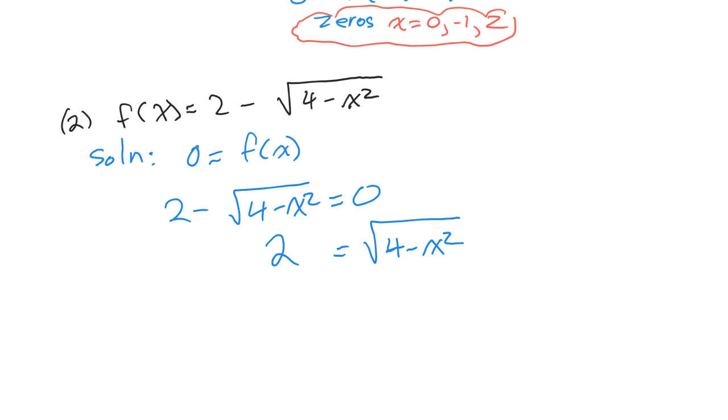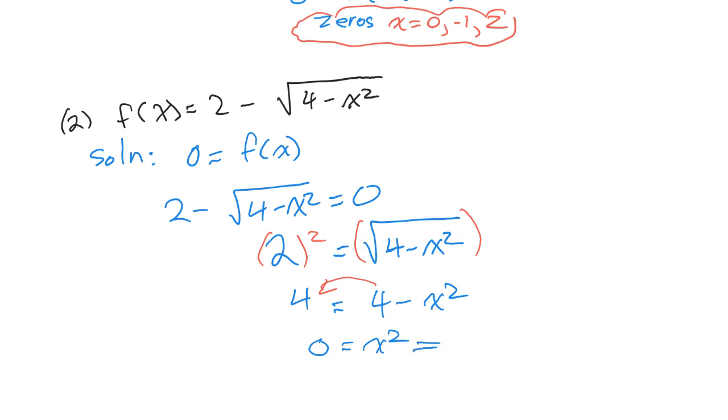And then we have to square both sides to get rid of that square root sign. So we're left with 4 minus x squared is equal to 4. And then when we bring this 4 over to this side, we end up with 4 minus 4, which is 0, is equal to x squared, which means our answer is x equals 0. And that is our solution. We're done. And now we'll move on to determining x and y intercepts using function notation.